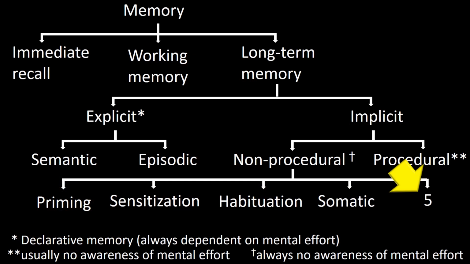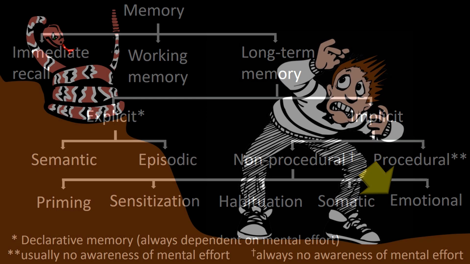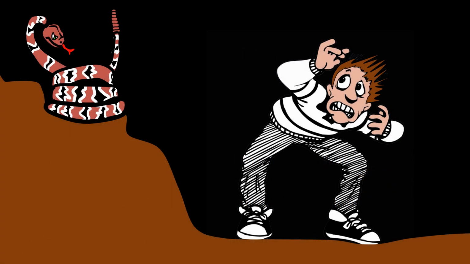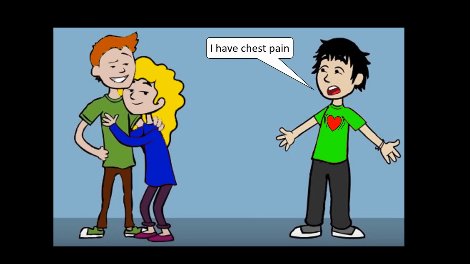The fifth type is called emotional memory. An example of emotional memory is the man who sees a snake and feels fear, or the pain in the heart this poor fellow felt after seeing his old girlfriend with someone else.